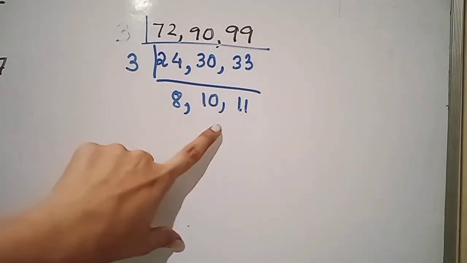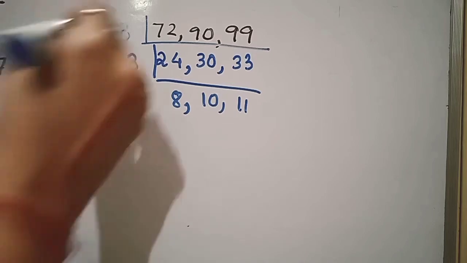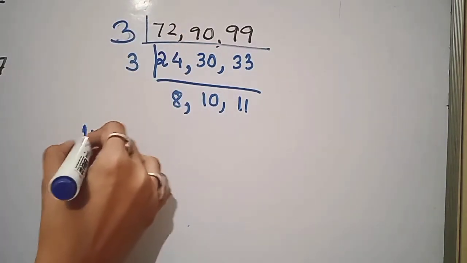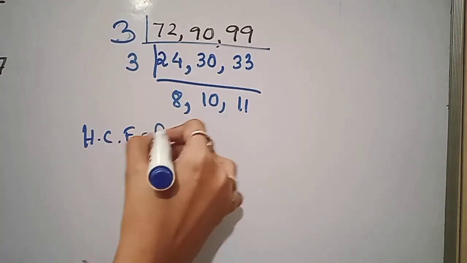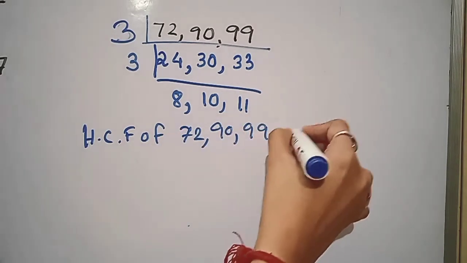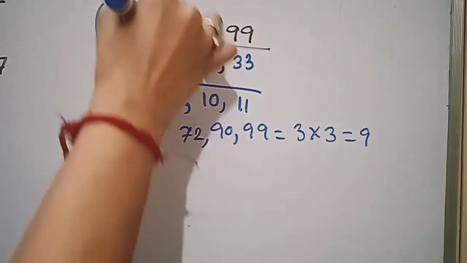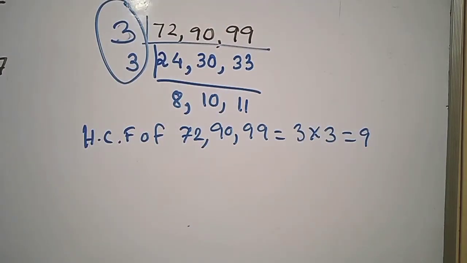Now 8, 10 and 11 cannot be divided by one number, because 2 can divide 8 and 10, but 2 cannot divide 11. So the HCF of 72, 90 and 99 will be 3 into 3, that is 9.